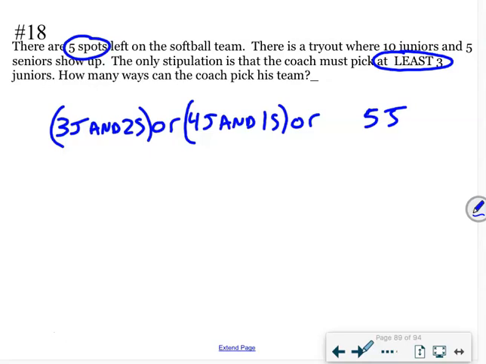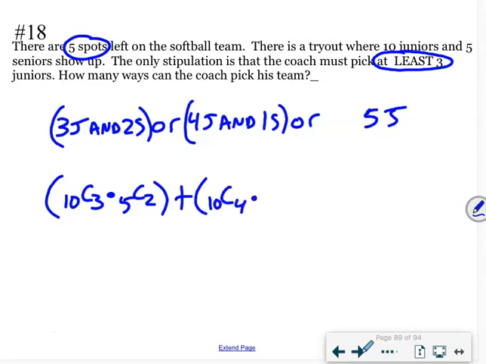And means multiply. So if we have 3 juniors, there's 10 juniors to choose from, and we're choosing 3, and, and means multiply, of the 5 seniors, we're going to choose 2, plus the 4 juniors part, where we still have 10 juniors to choose from, we're choosing 4, and of the 5 seniors, we're choosing 1 senior.